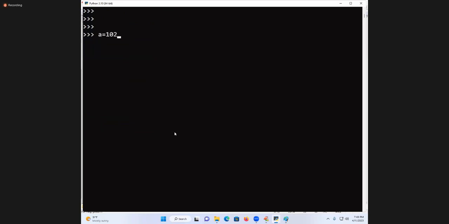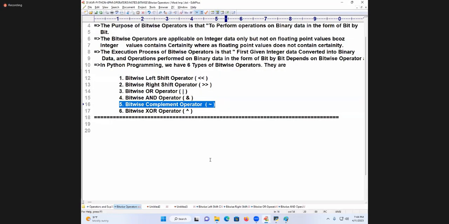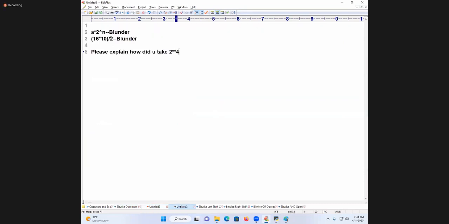A is equal to some 1 or 2. Complement of A I will write. What is the answer coming? Minus 1 or 3. Not A I will write it. Answer is coming what? False. Is it same? Bitwise complement operator is not a NOT operator. That you must understand in the class. So this is a doubt of our students, and all these things are going to be covered. I hope they realized it.